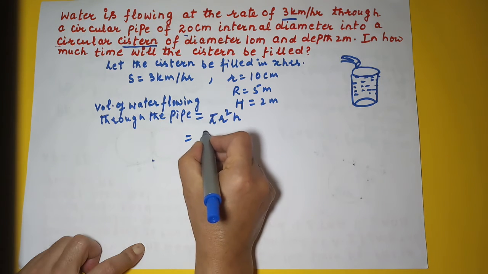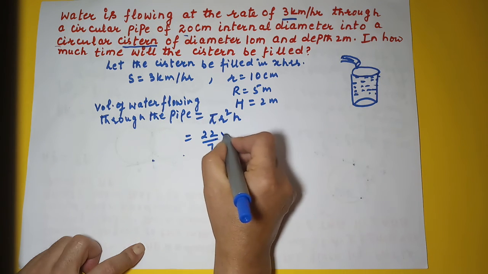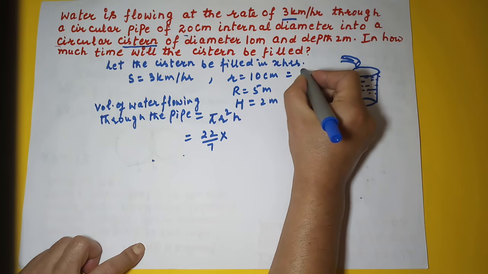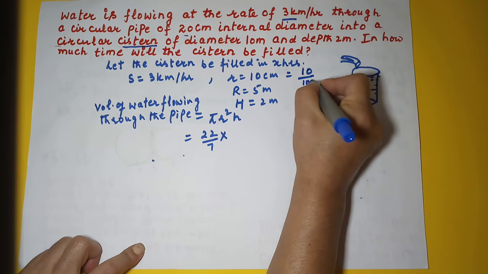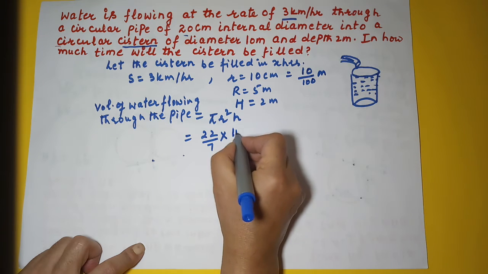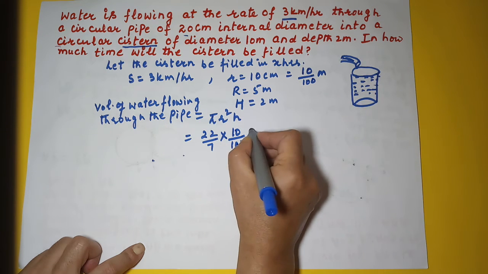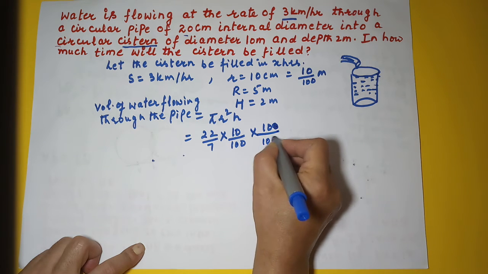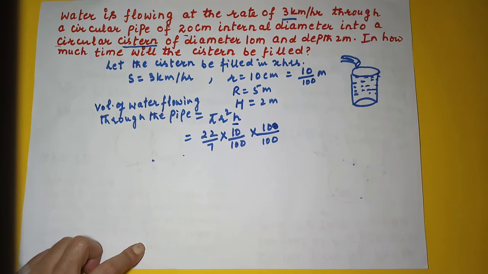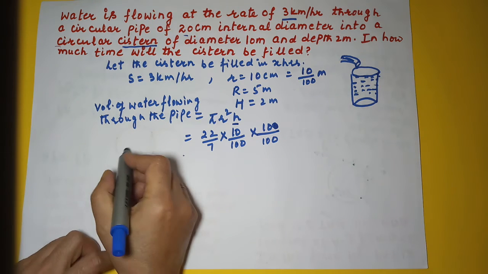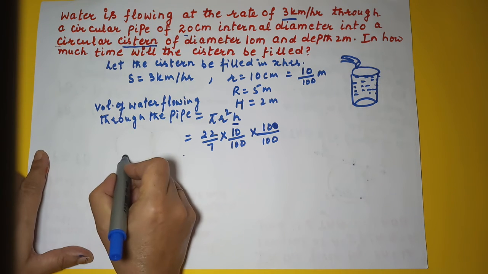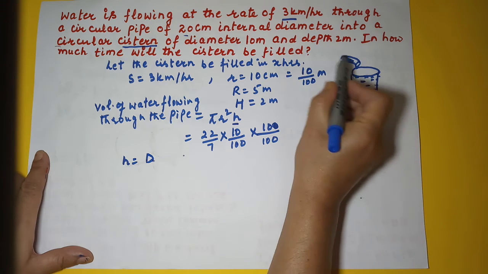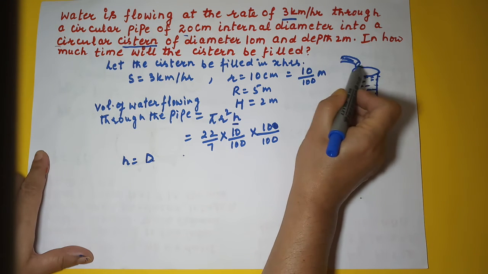Now that is 22/7 into r, which is in centimeters. We can convert this into meters by 10/100 into 10/100. Now what about this h? How will we calculate h? Now we will calculate h as the distance of water that is covering through this pipe, right?